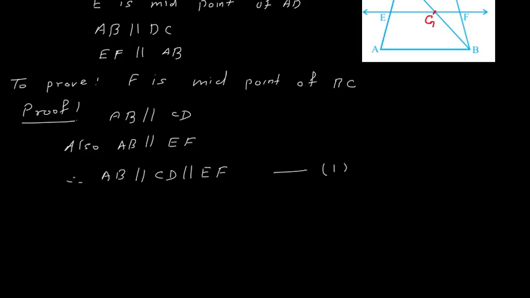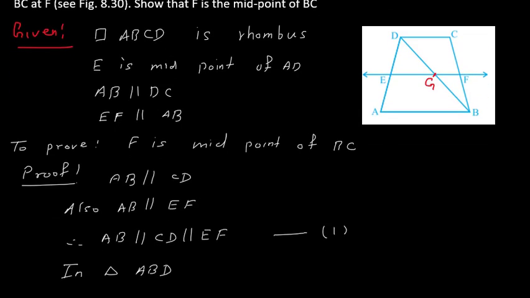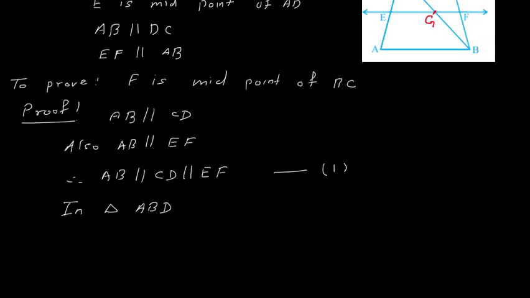Now I will take triangle ABD. In triangle ABD, E is the midpoint of AD and EG is parallel to AB.